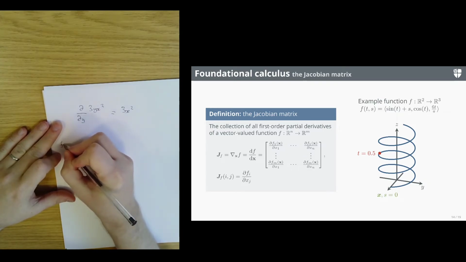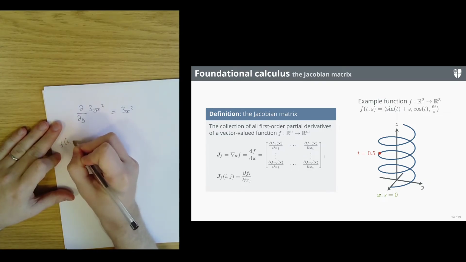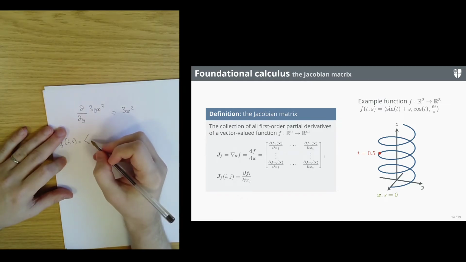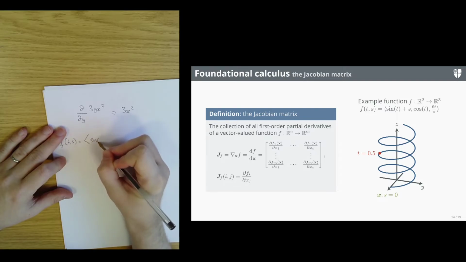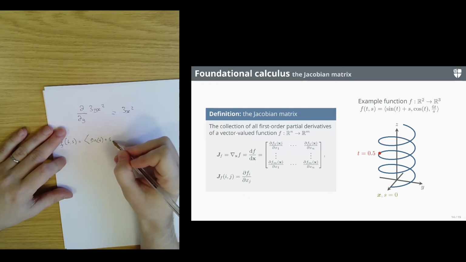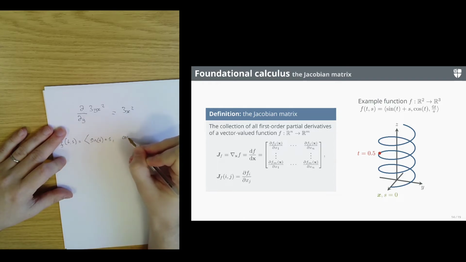So f of t and s equals, it's a vector valued function, so x is equal to sine of t plus s, we've got our translation in there, then y is equal to cosine of t, and then z is equal to 6t over pi.